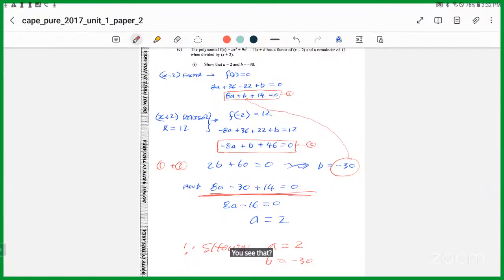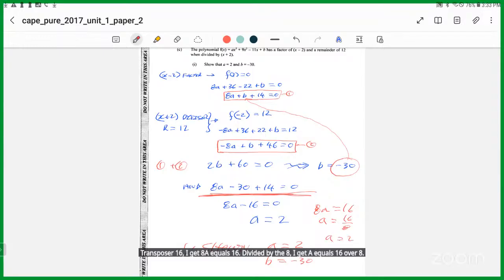And then the negative 30 plus 14 is negative 16. Transpose the 16, I get 8a equals 16. And divide by the 8, I get a equals 16 over 8. A equals 2. Good now? Yes, sir. Alright.